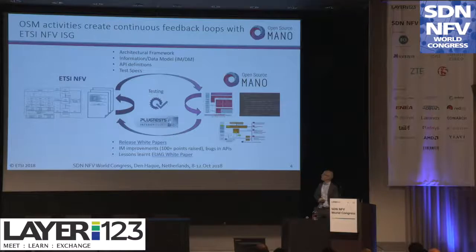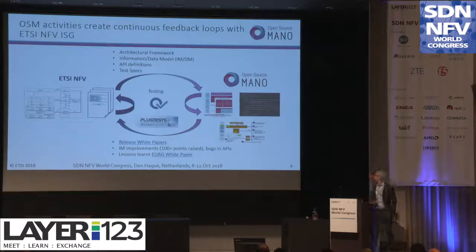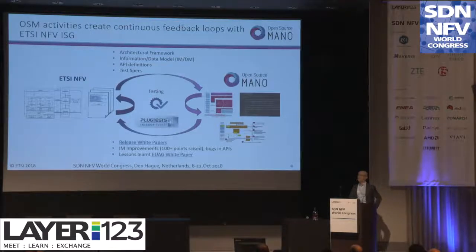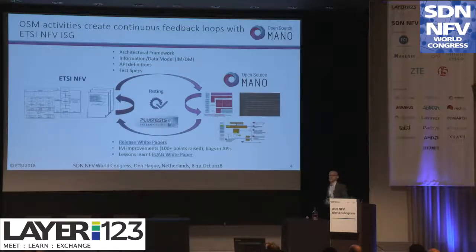Both around the architecture framework, and especially also on the information and data models, API definitions, and last but not least, also the test specifications. So we consume those, we implement OSM, specify how the architecture should be, and then we get a lot of practical learnings, both from the implementation of it and also from the use of it. Then we feed that back into ETSI.